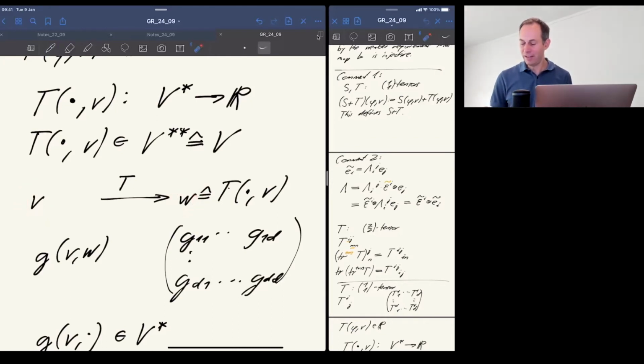I just leave one argument open. Then what comes out is indeed a vector or a covector or whatever this argument was. So it's not that I change the definition and say a tensor is now a linear map from V to V. I just take the tensor as it was and define that it induces a linear map in that sense.